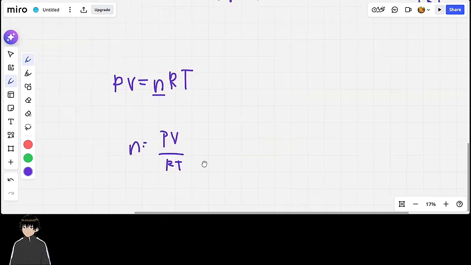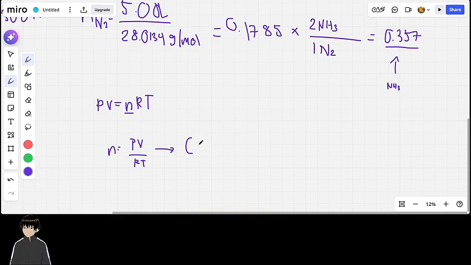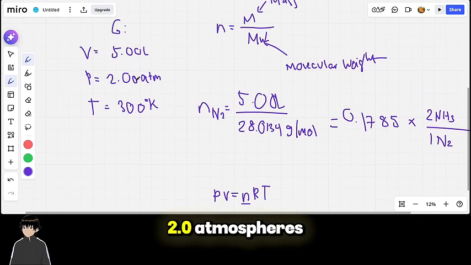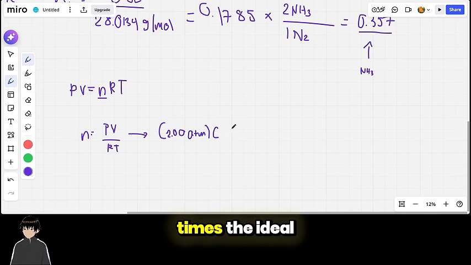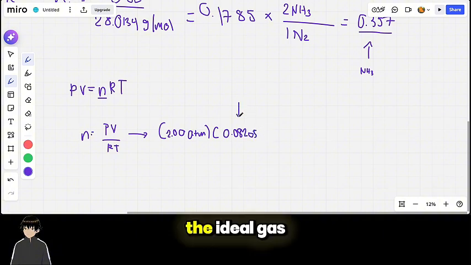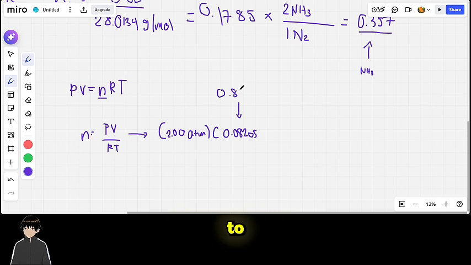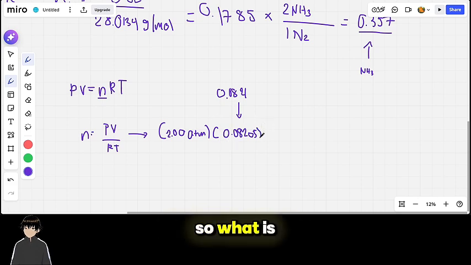So substituting the numbers, we have the pressure, which is 2.0 atmospheres, times the ideal gas constant. By the way, the ideal gas constant can also be rounded up to 0.0821, but we're just going to use this. What is the temperature?